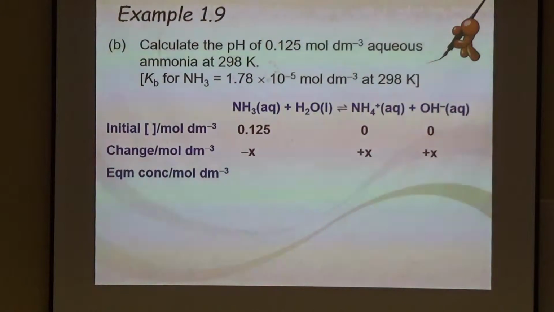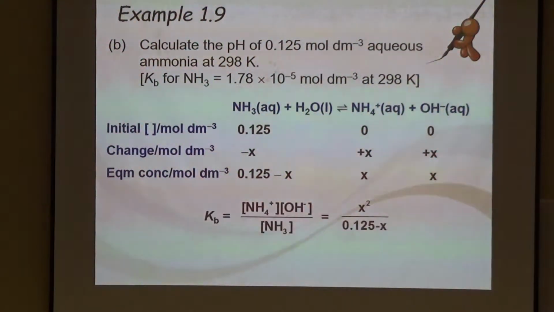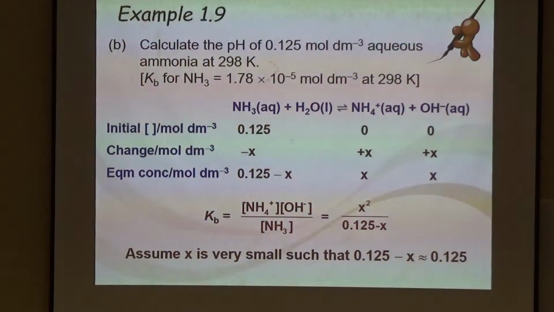They won't expect you to write anything. So at equilibrium, this will be the value. And then you write the expression, then you substitute into there. You can make the assumption that X is very small.